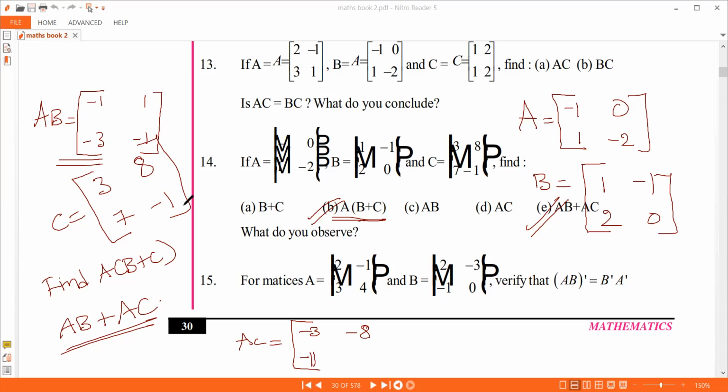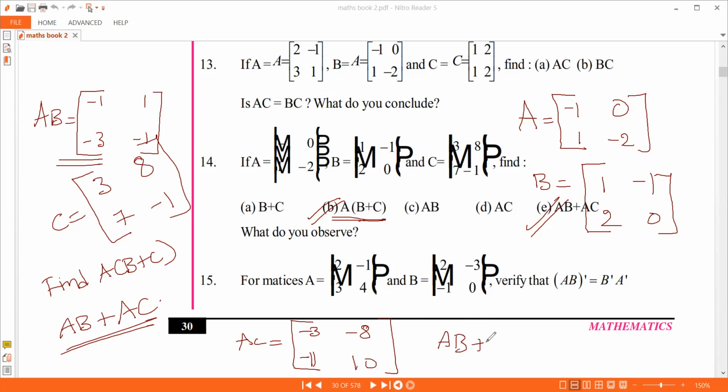And this one is 1 into 8, that is 8 plus 2, that is 10. Correct. So AB plus AC you had to do.